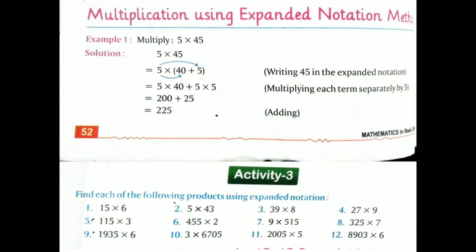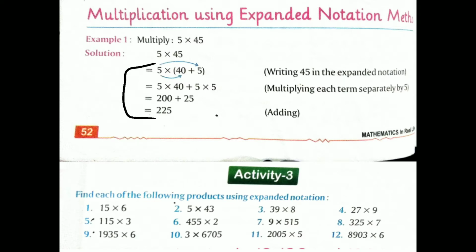See this example here. We are doing multiplication using expanded notation. 5 into 45. What I did, I expand 45. How can I write 45? I can write 45 as 40 plus 5. Clear? Then what I do after this, it becomes the same as you did in the previous activity 2, question number 3.